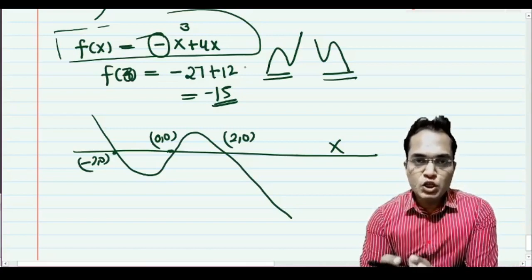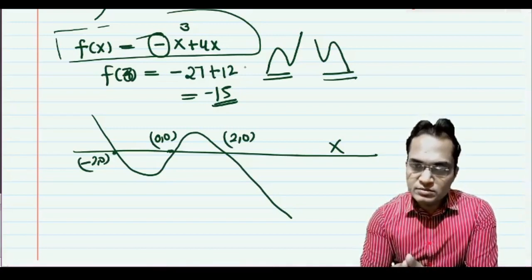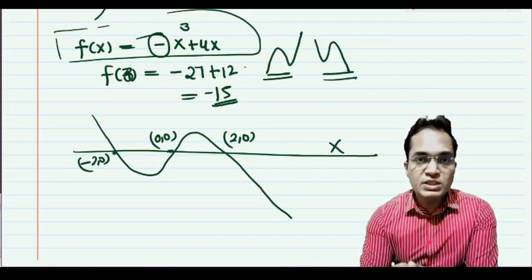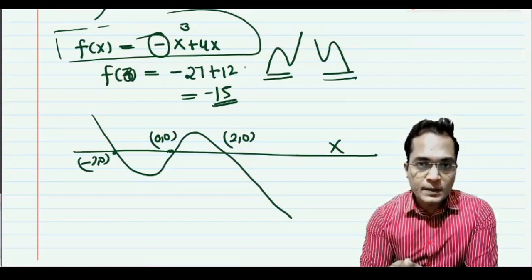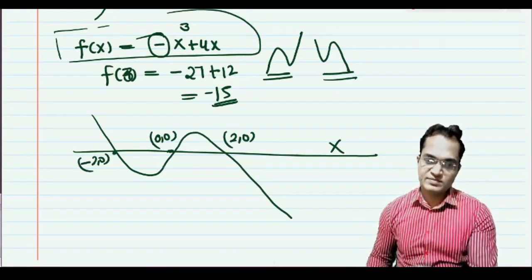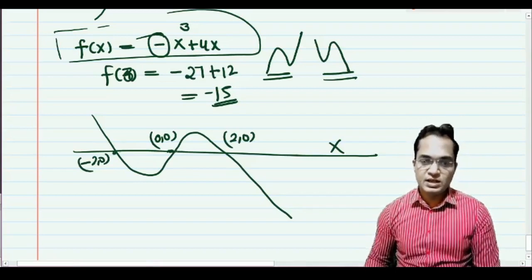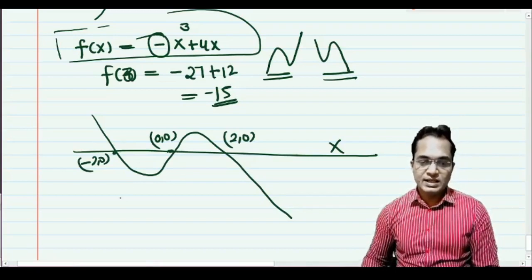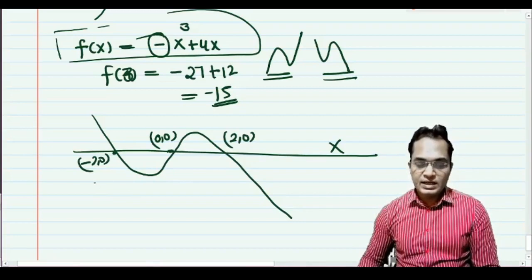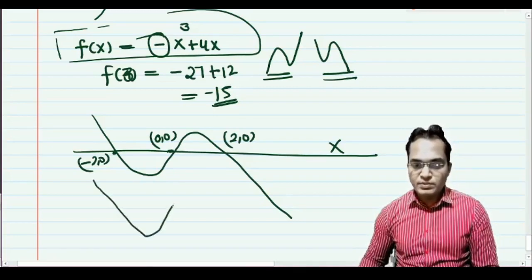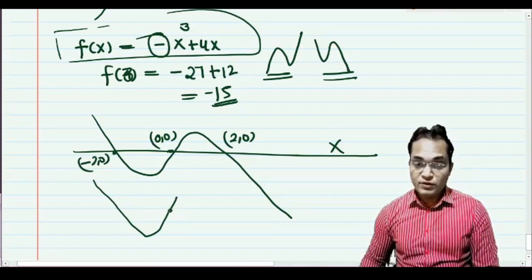A cubic polynomial has 3 roots. Got it? Due to the 3 roots, there are 2 turning points. Because if the roots come on the x-axis, how is it possible that the graph goes downside and doesn't come upside? The graph has to pass through this point also, and then the third point also.